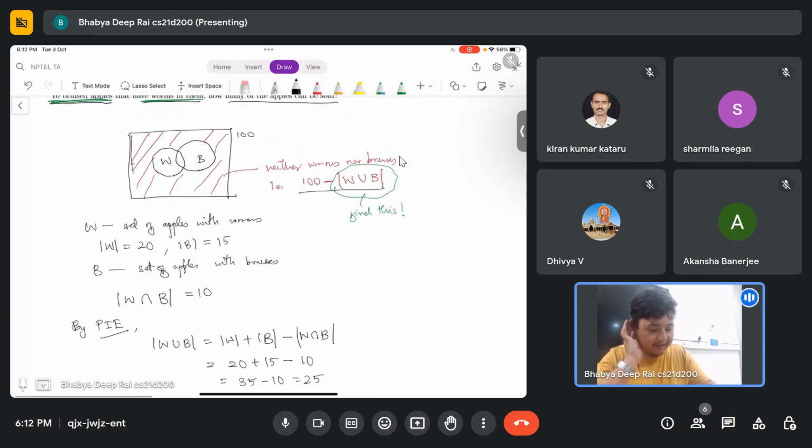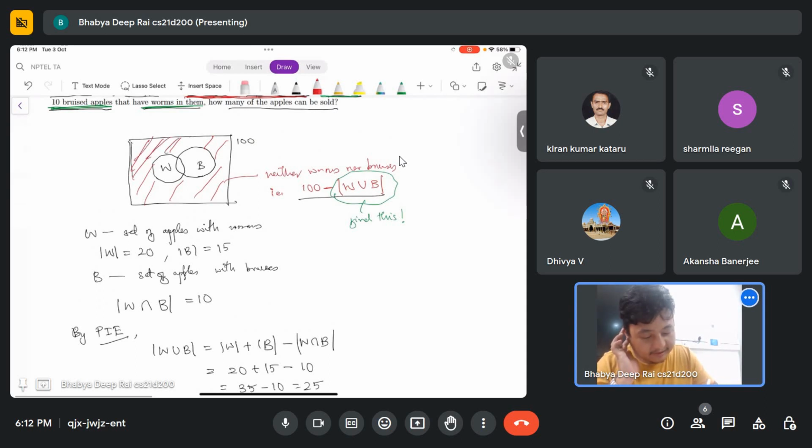So this red area has the size 75. What is another way to show 100 minus W union B in set theoretical notation? The universe minus the union.